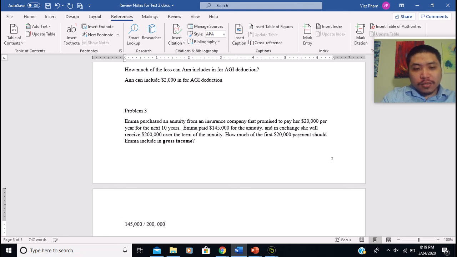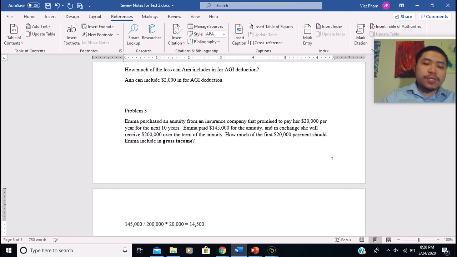So this is going to be the annuity exclusion ratio, and then we take that amount and multiply by $20,000. So $20,000 is the annual payment that Emma receives, right? So how much is this going to be? It's going to be $14,500.